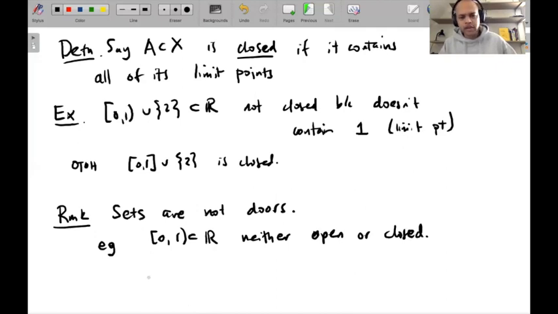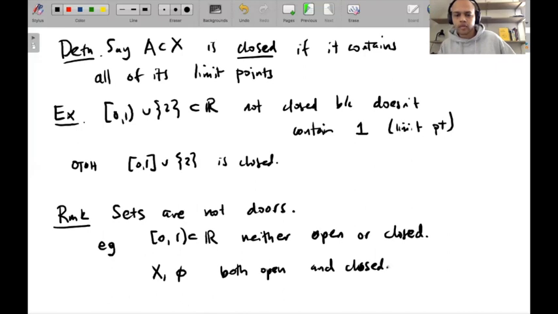On the other hand, for any topological space, the whole space and the empty set are both open and closed. They're open by what it means to be a topological space, and they're closed either trivially in the case of X or vacuously in the case of the empty set.